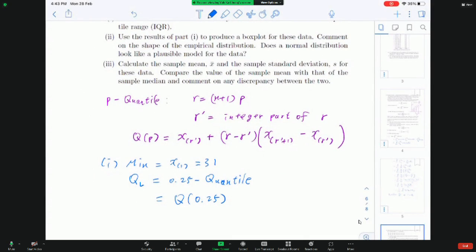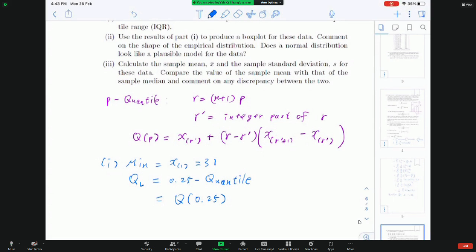For a p quantile, according to the formula given in the lecture in this course, first we need to find the index R, which is equal to (n plus 1) multiplied by p. n is the sample size, and p is the p for the p quantile.